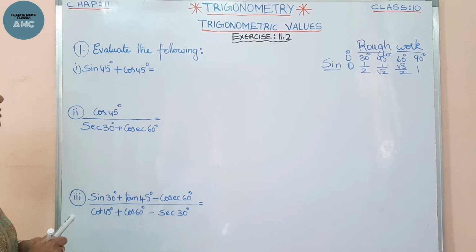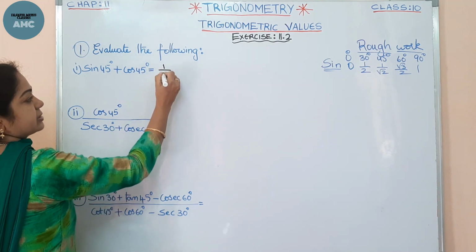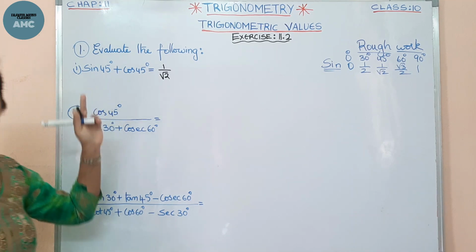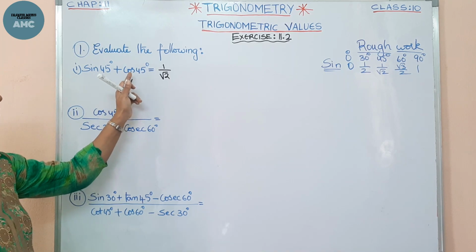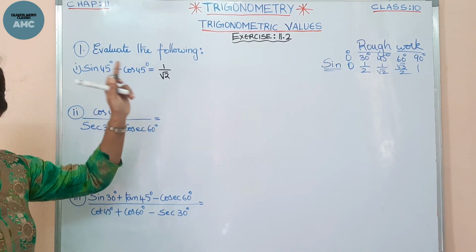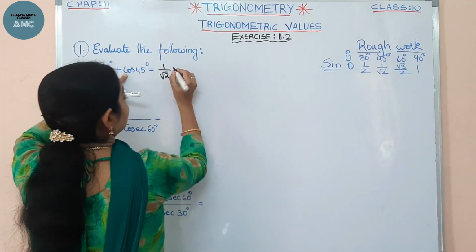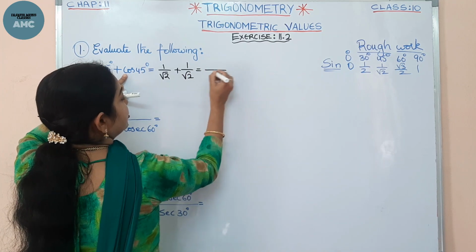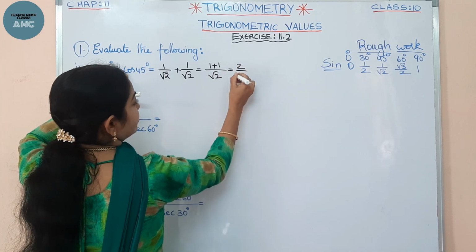Now let's get started with the first problem, sine 45 and cos 45. We know that sine 45 is 1 by root 2. I don't know cos 45, but sine and cos are complementary, isn't it? So if sine 45 is 1 by root 2, cos 45 is also 1 by root 2, because they are complementary. So this is again 1 by root 2. If I take root 2 as the LCM, it comes to 1 plus 1, so that means 2 by root 2.